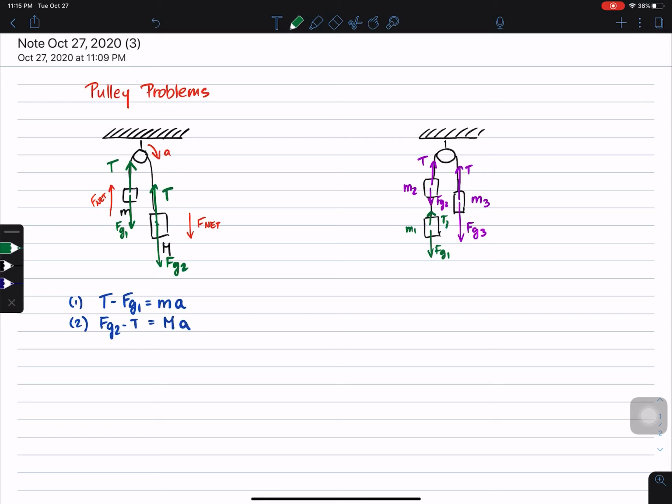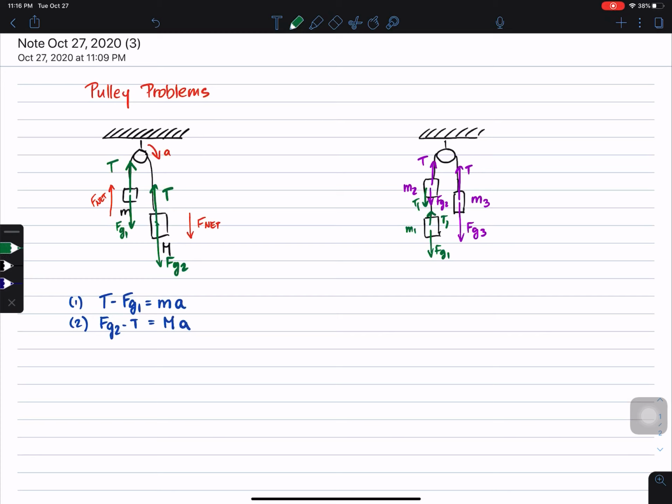Now this object M1 pulls only on M2, right? It's not holding on to this one. Indirectly through the system it is, but what we have to add here is the reaction force to this tension T1. Those action-reaction forces are always between the two objects that are connected through that rope. These two tensions are equal, these two are equal, but may be different in value compared to this one.